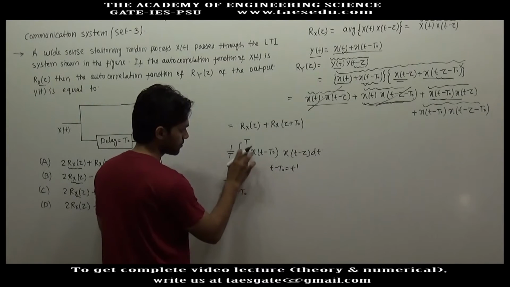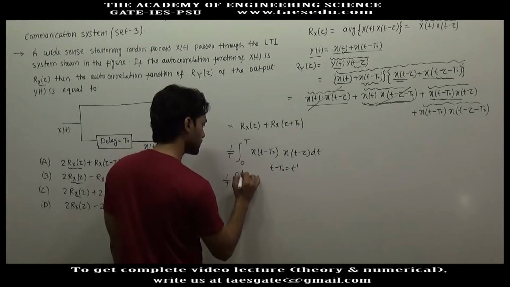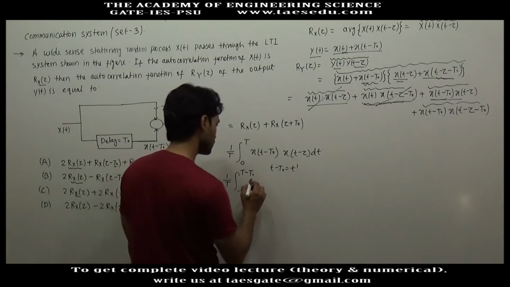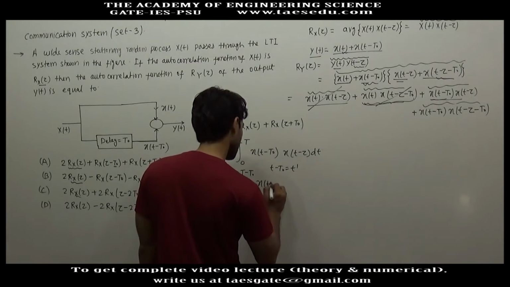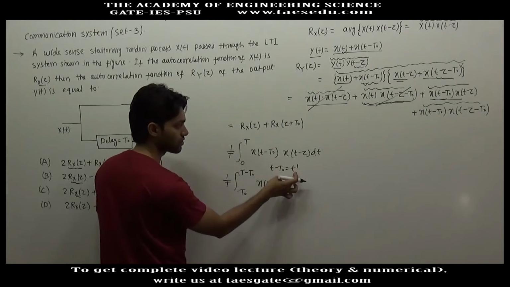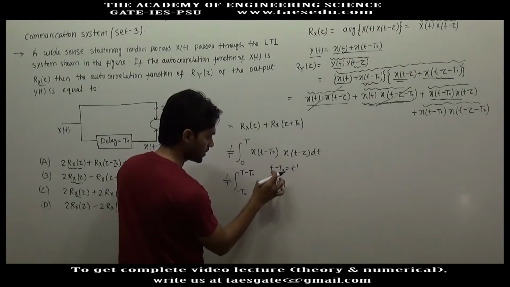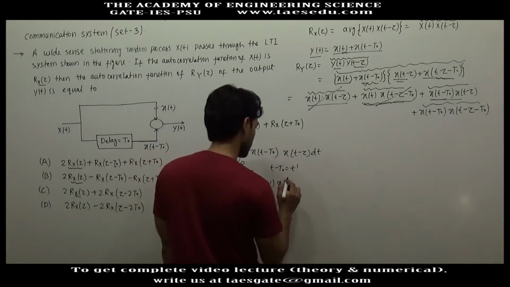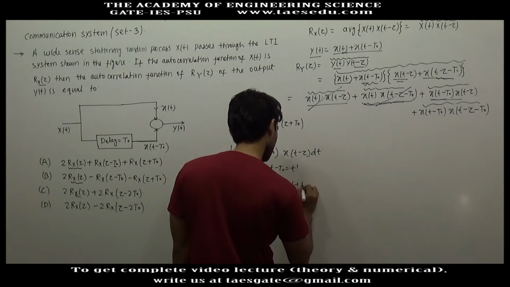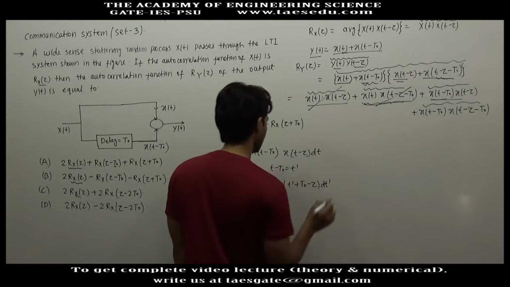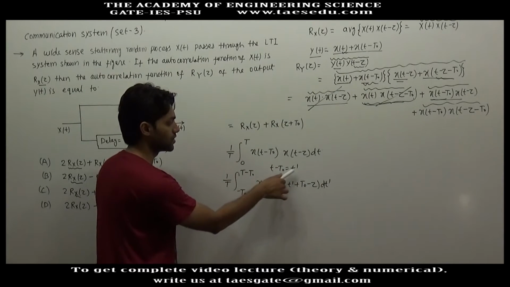When t is equal to capital T, t dash will be capital T minus t naught. This will be x(t dash) into x, and at the place of t we will have t dash plus t naught. And dt will be equal to dt dash.